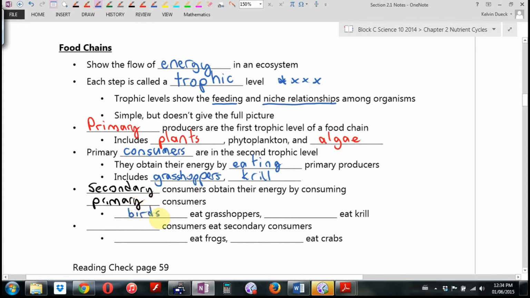Also some lizards, some reptiles, right? What eats krill? Let's say crabs, some whales. Here's your secondary consumer. Secondary consumers eat primary consumers. Primary consumers, they're the first eating thing. They eat primary producers.